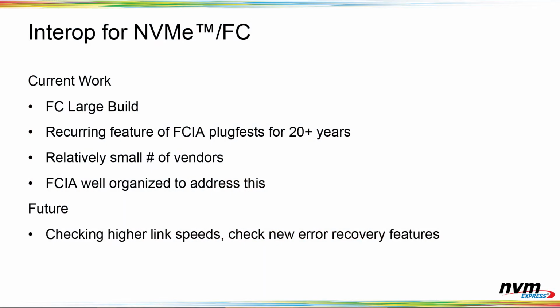So for a long time, those FCIA PlugFests had a feature that was the large build, right? They would do some very prescribed tests the first half of the week and then do a large build. And when they did that large build, it really uncovered some very interesting corner cases.